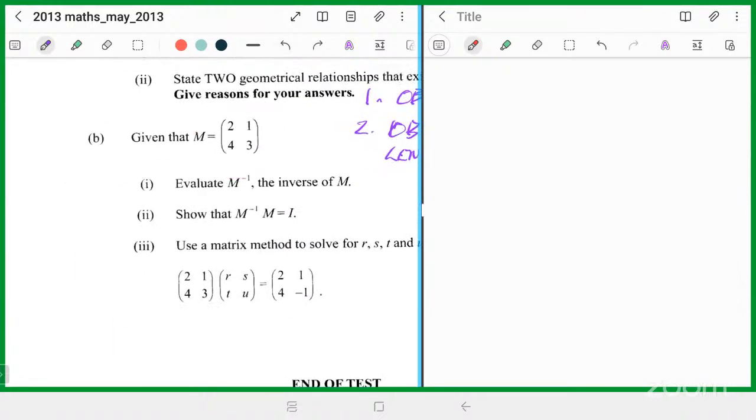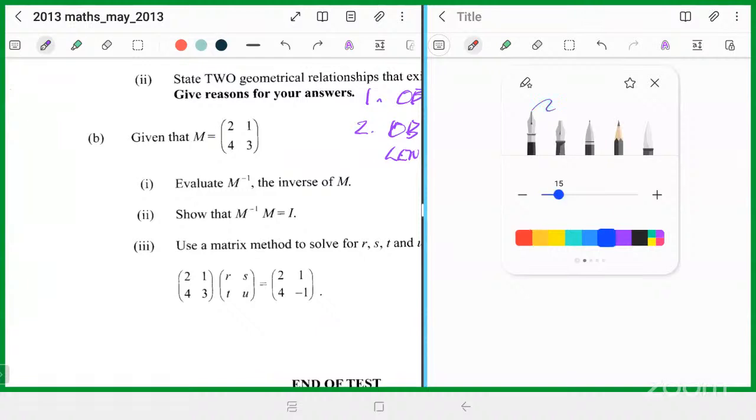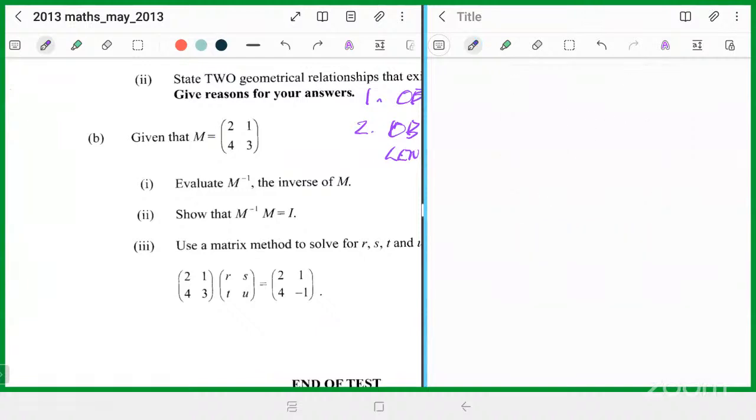It gives us this matrix and it wants the inverse. Remember now that the inverse is one over the determinant multiplied by the adjoint. M is the matrix 2, 1, 4, 3. Inverse part 1 is 1 over the determinant multiplied by the adjoint.